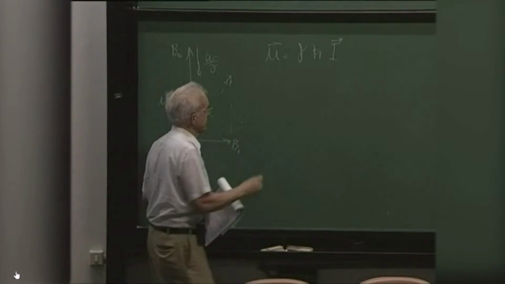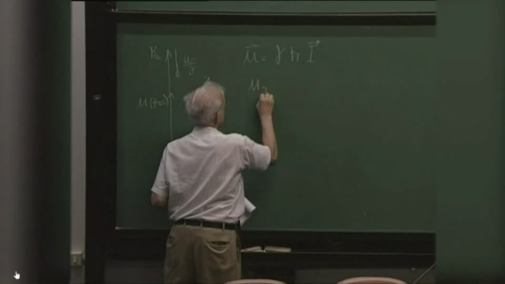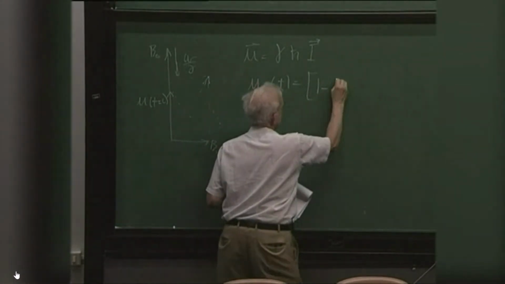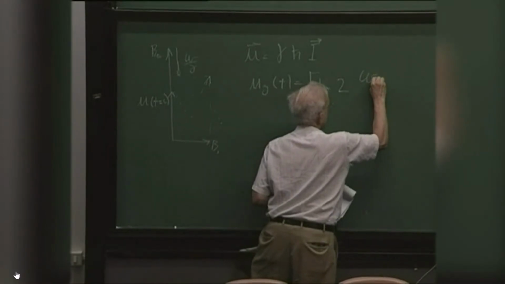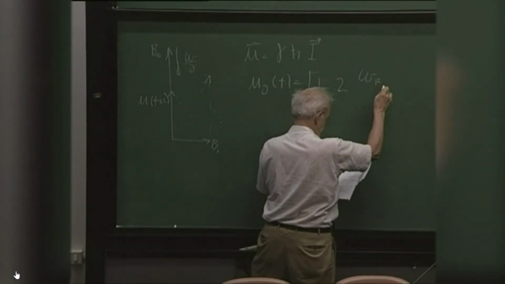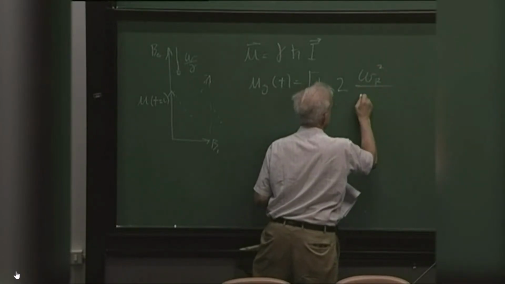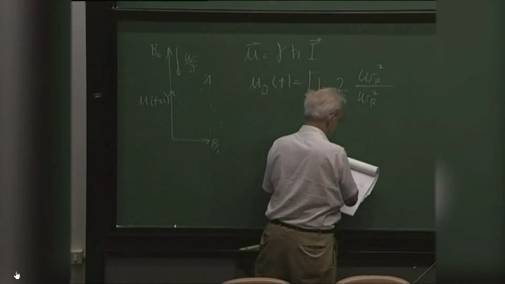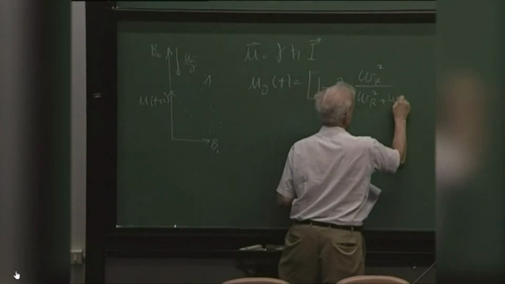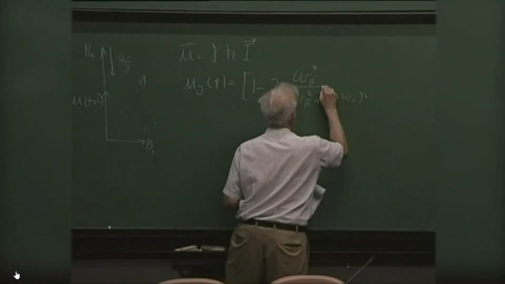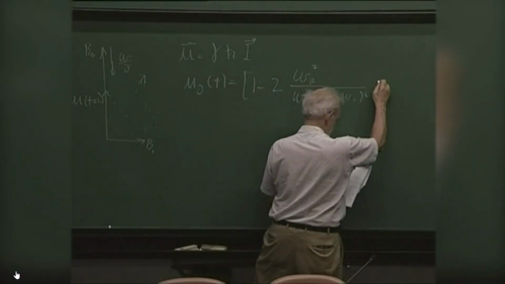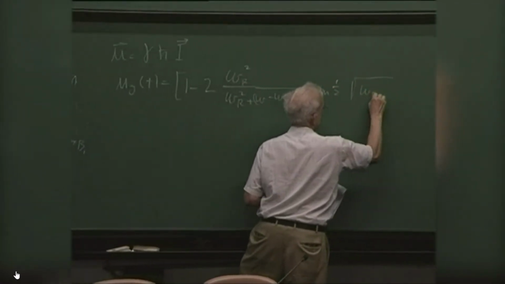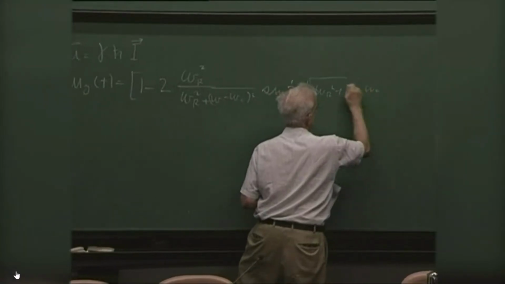And I left it as a construction to show that the z component of this at some time later t was given by 1 minus twice omega Rabi squared over omega Rabi squared plus omega minus omega naught squared, times the sine squared of 1/2 the square root of omega Rabi squared plus omega minus omega naught squared, times t.